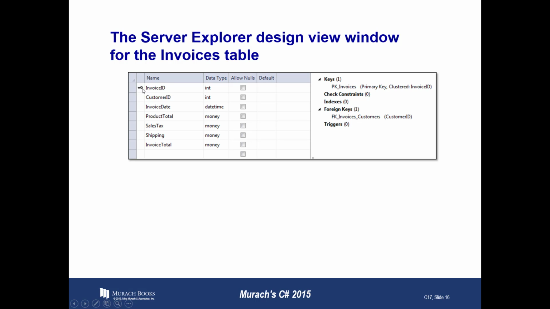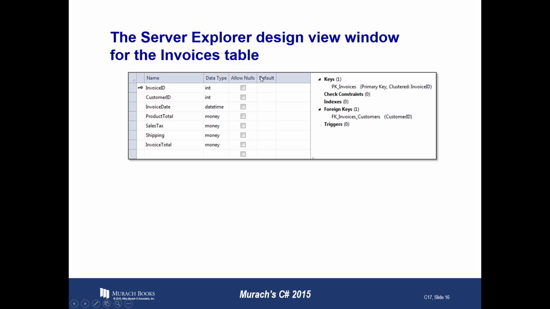This means that it is a primary key. You can see the little key. This is the type of data. Integers are whole numbers. Date time is just that. And these are decimal or monetary fields. None of these are checked, so that means that every one of these fields has to be filled in. If any were checked, it would mean that they could be left empty or null.